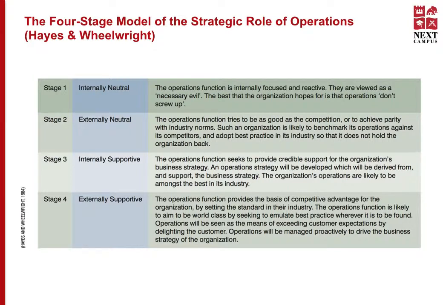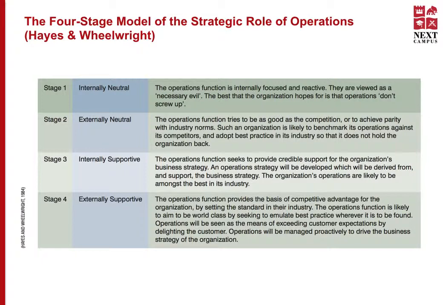Then the fourth stage, it's called externally supportive. Here the operations function provides the basis of competitive advantage for the organization by setting the standard in their industry. So the organization becomes a market leader where other organizations can benchmark their operations too.